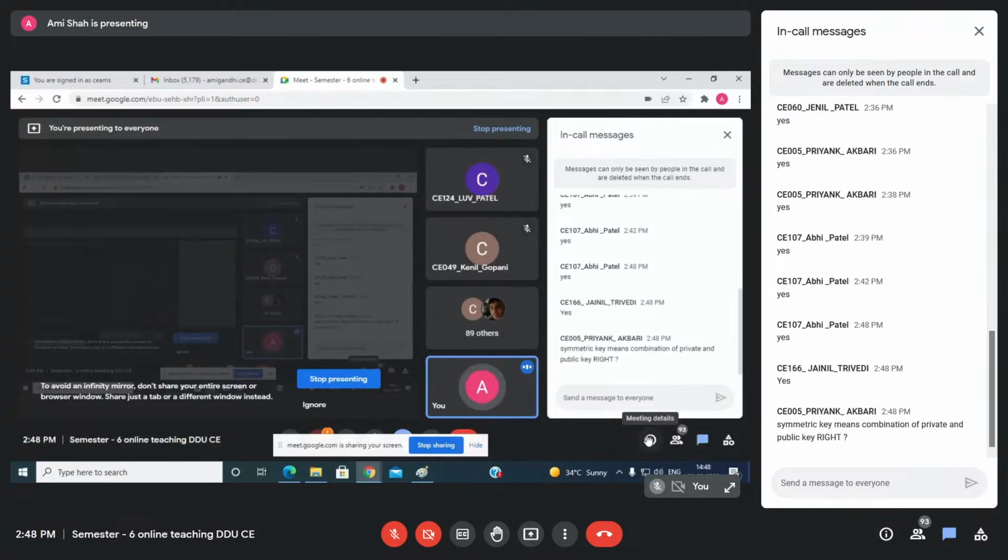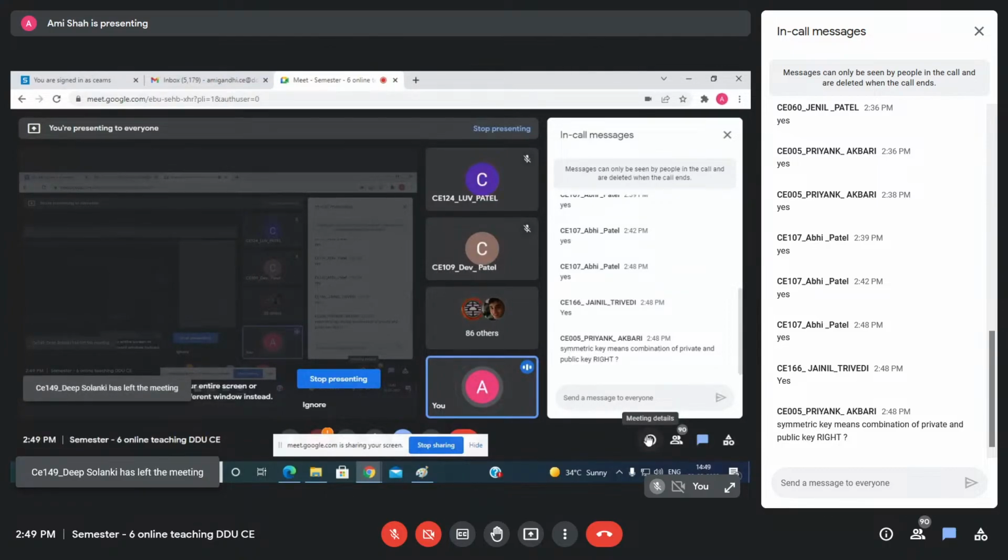So what happens if Alice needs to sign another document and send it to Ted? She needs to use another secret key, because right now my symmetric key is shared between Alice and Bob. Alice and Bob can communicate, but if Alice wants to communicate with Ted, she again needs to create another secret key.